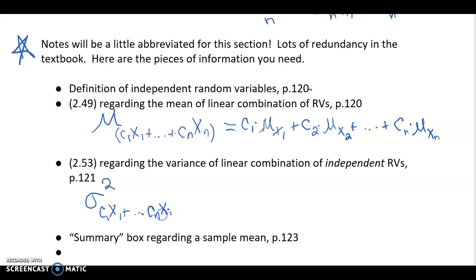It's all just the variance of this thing, C1 times x1 plus C2 times x2 all the way to Cn times xn. If you want that, you have to square those C's. Then you take C1 squared times the variance of x1. And then you do C2 squared times the variance of x2, and so on.